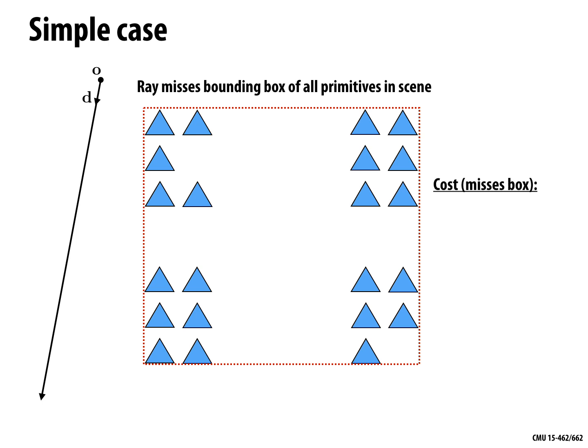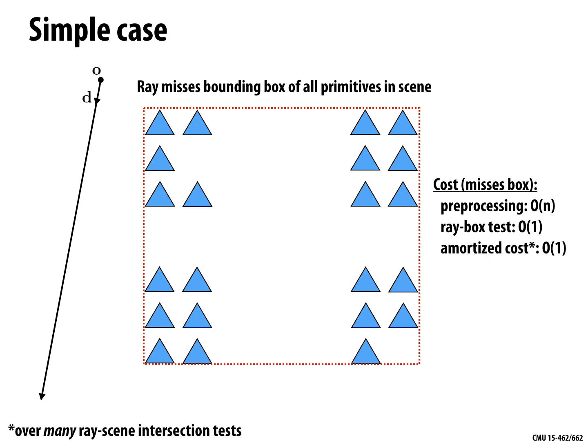So the cost of doing this query in the case where we miss the box is we do order n pre-processing, because we have to build the box. We do a constant amount of work to do the ray box test. And again, if we amortize the cost over many, many rays, the amortized cost is just order 1.